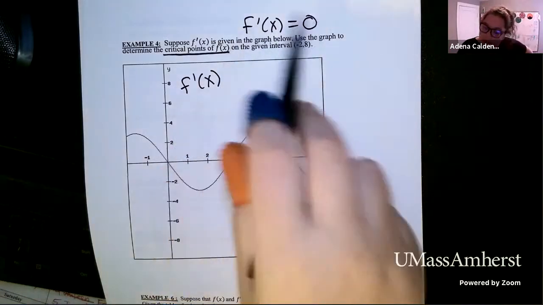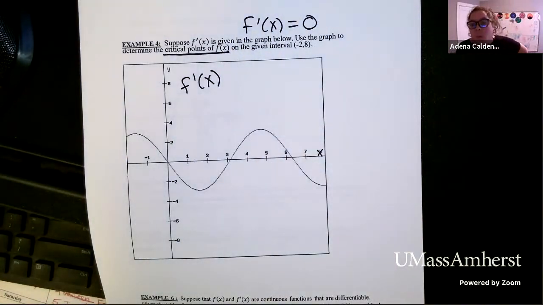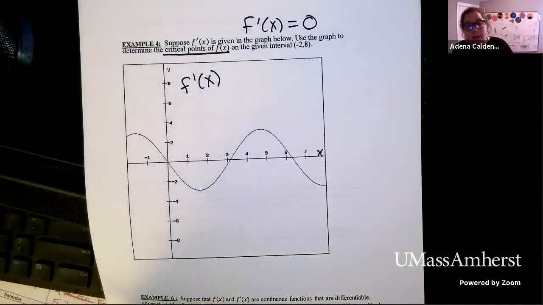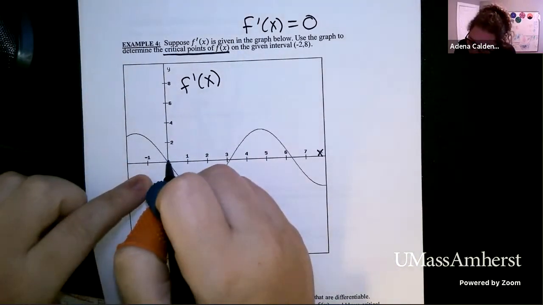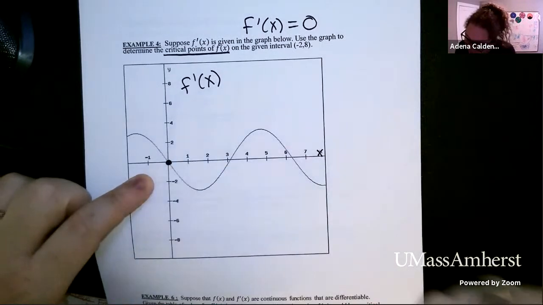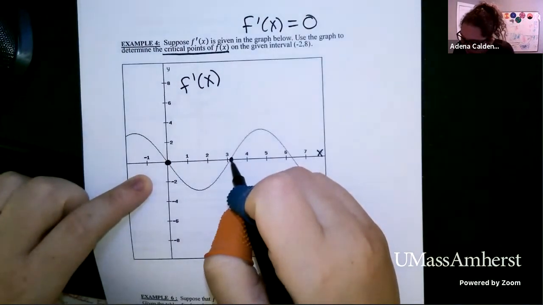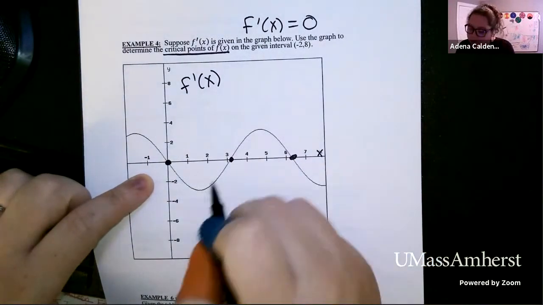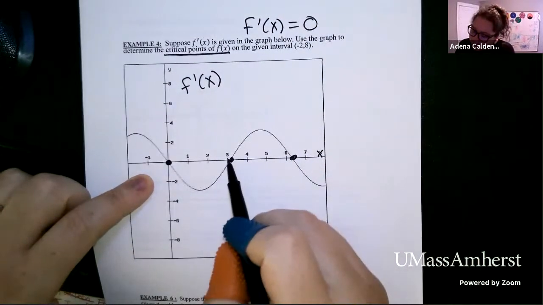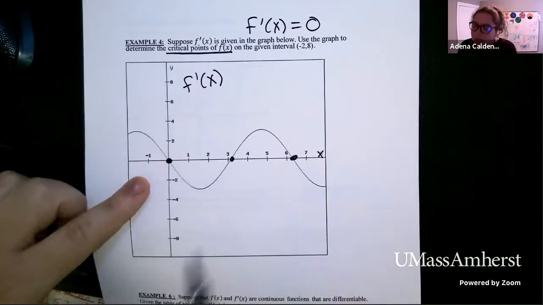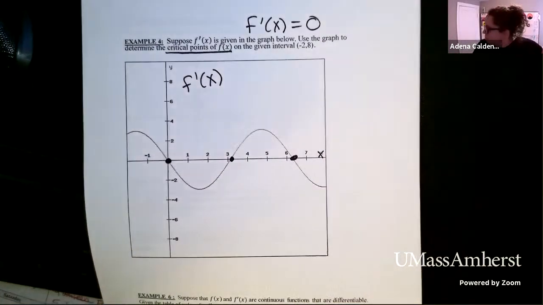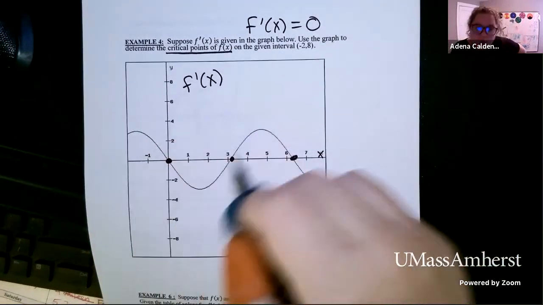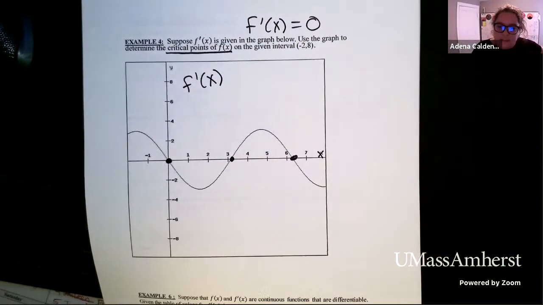If the derivative equals 0, that means the y value is 0, and we are trying to find the x values where that happens. That happens here at 0, again at roughly 3.1 and 6.2, so that's probably pi and 2 pi. But the idea here is to just label the points. On a graph, we are looking for where this function crosses through the x-axis.